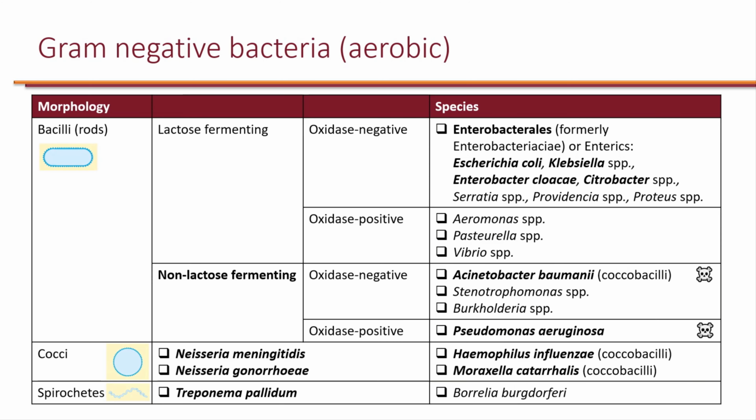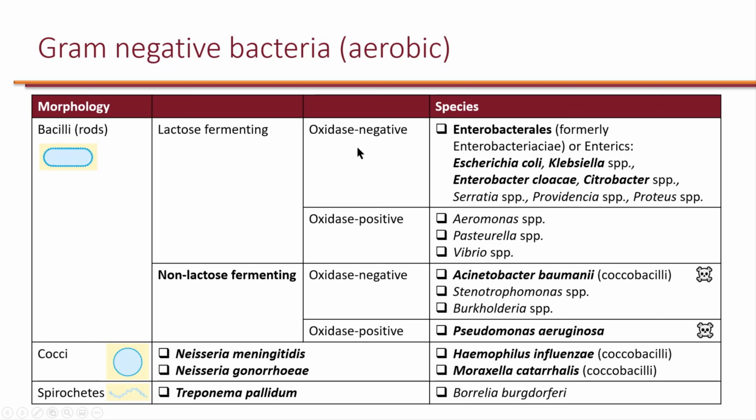Now let's take a look at gram-negative bacteria. Again, we're focusing on aerobic for now. So you will see that the majority of gram-negatives are actually rod-shaped. So these are bacilli. And what we do with gram-negatives is that we do a lactose fermenting test. So if they can ferment lactose, we call them... actually the important thing is to identify what's not fermenting lactose, and they're typically referred to as non-fermenters, okay?